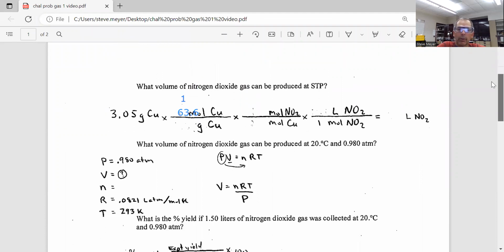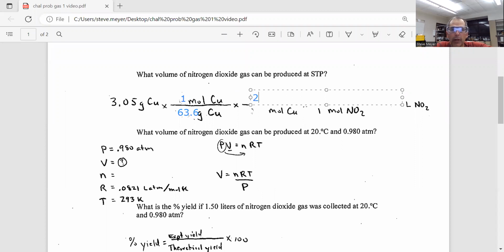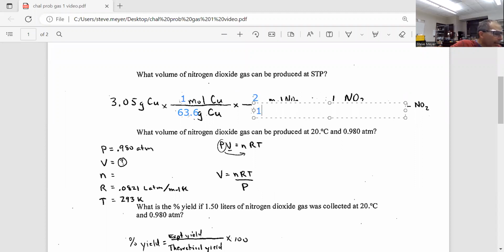So I'll bring this back down here to what we have. And I'll grab a marker and say for every, so this is going to be 2 NO2s per 1 Cu. Where do I get that? From the balanced equation.